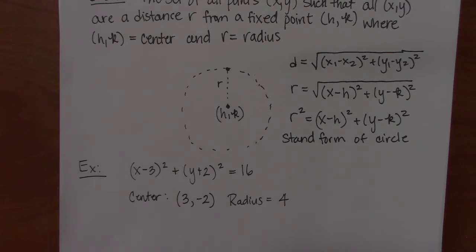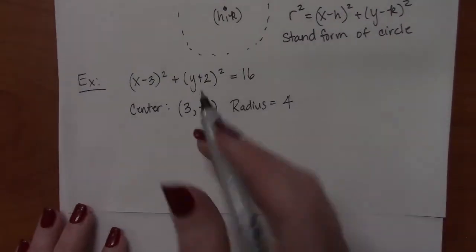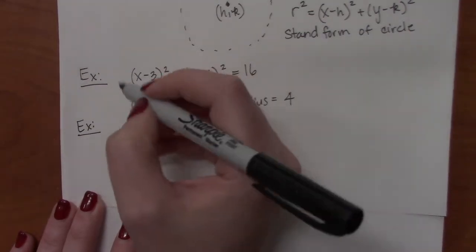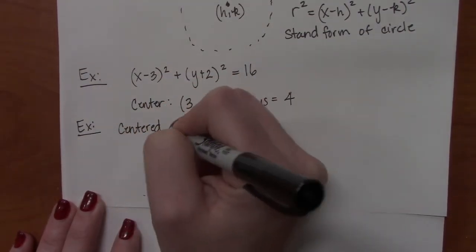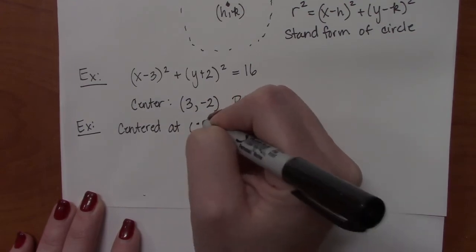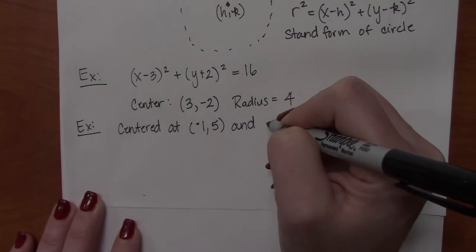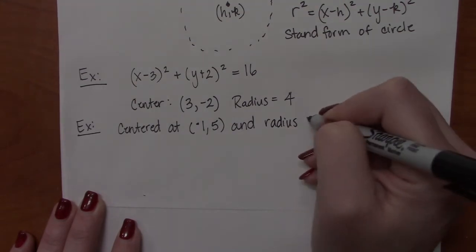All right, so if we give you the equation of the circle, you should be able to pull information out. The flip side is, what if I don't give you the equation, but I want you to write it for me? So let's say we have a circle centered at -1, 5, and a radius of 3.